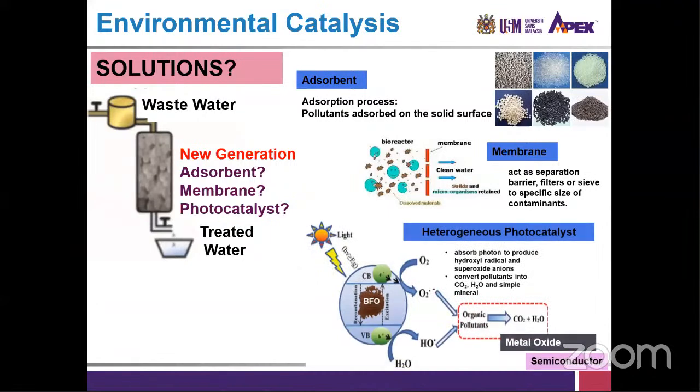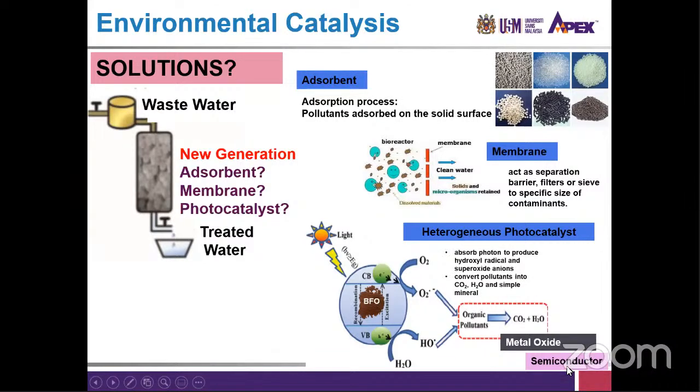While the photocatalyst that we're interested to look into, known as heterogeneous photocatalysis, is about the adsorption of photons to produce hydroxyl radicals and also superoxide anions, before it can convert all the pollutants into simple minerals, carbon dioxide and water.